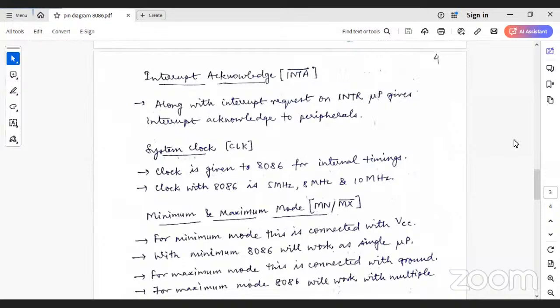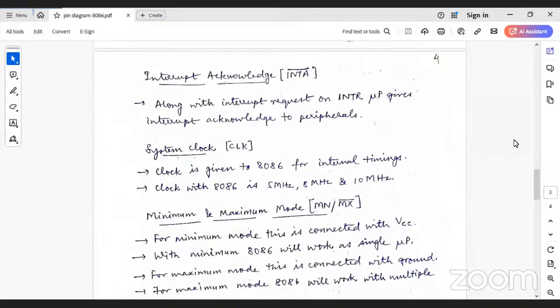One T state means the address is placed, and then in the next T state the data is placed on the address bus, then the instruction is executed, then the result is shifted to the memory. All this sequence of operations will take place as per the clock cycles existing in a particular machine cycle of that processor. So the clock is given for the internal timing. You need not write all this story there. You can simply say it is used for the internal timings of the processor.